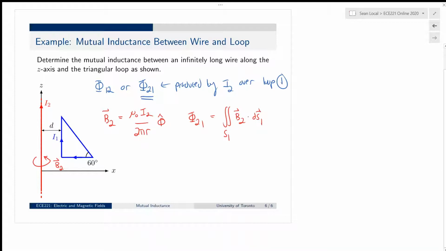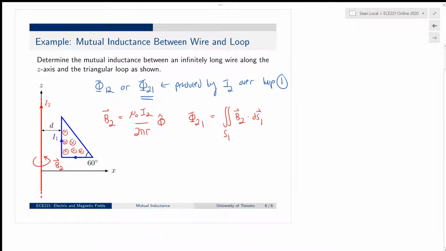So the first thing that we should do is try to work in a slightly easier coordinate system if we can. And in this particular problem, loop 1, the triangular loop, lies entirely within the xz plane. So if you look at the sketch of B2, when B2 reaches the xz plane, it literally is going to be going through the loop like this.